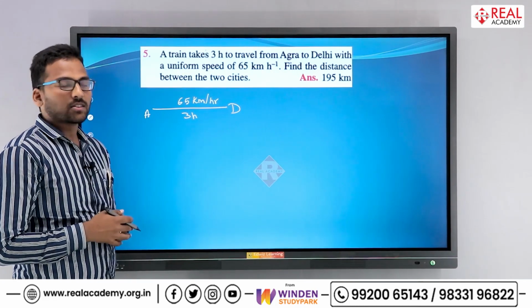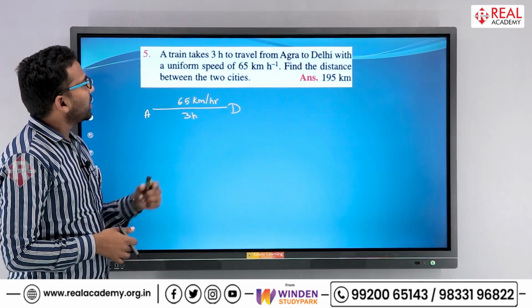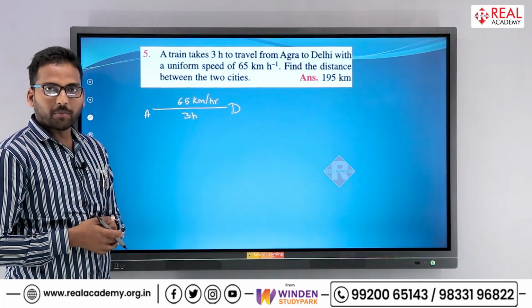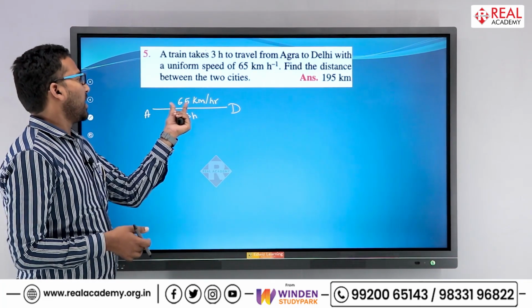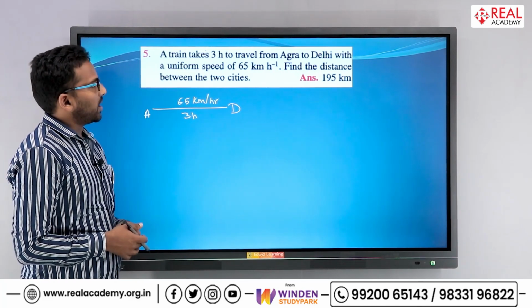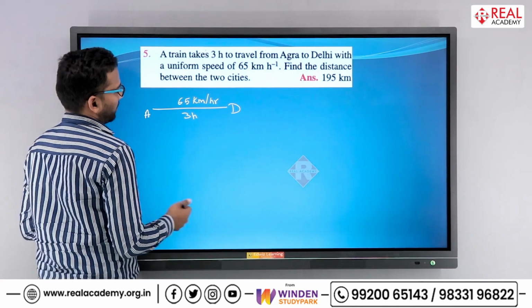A train takes 3 hours to travel from Agra to Delhi with a uniform speed of 65 किलोमीटर पर ऑवर. हमने डेटा बना लिया यहाँ पे. आगरा टू दिल्ली जाने के लिए 65 किलोमीटर पर ऑवर के स्पीड से 3 घंटे लगते. Find the distance between the 2 cities. तो आगरा और दिल्ली के बीच में डिस्टेंस कितना है?